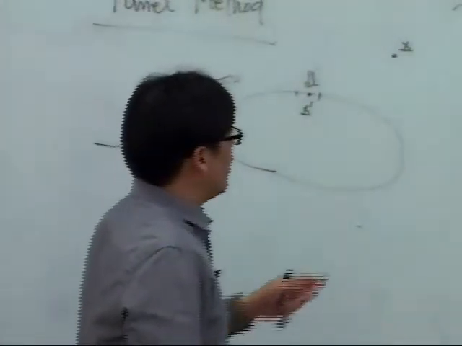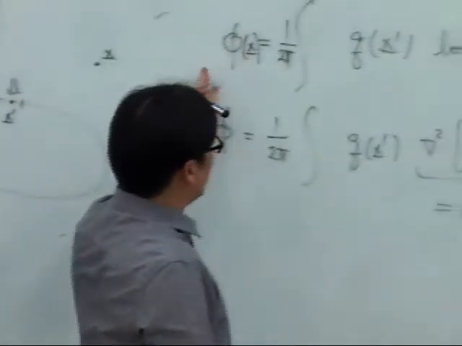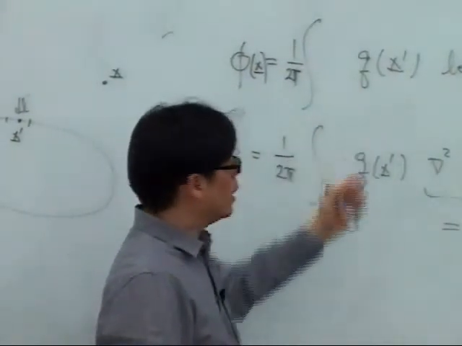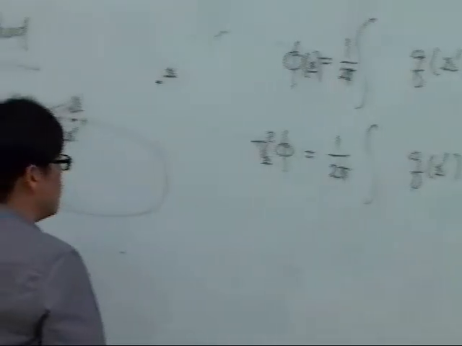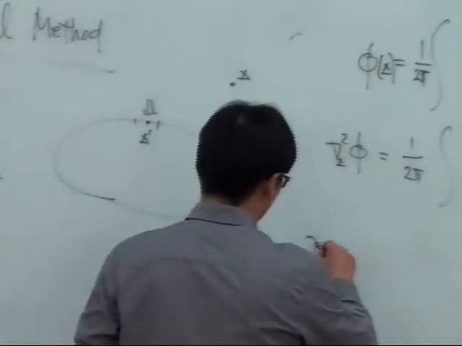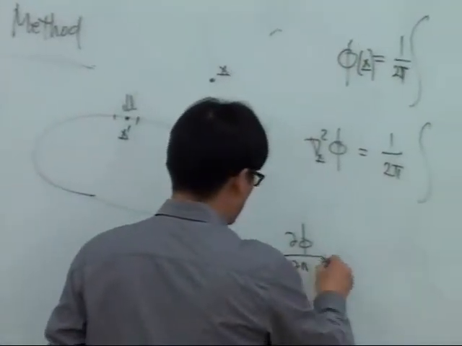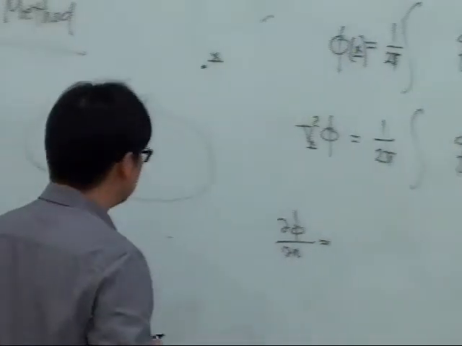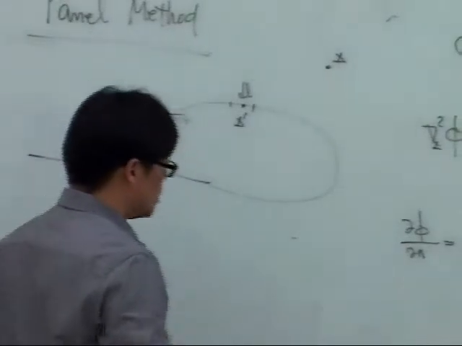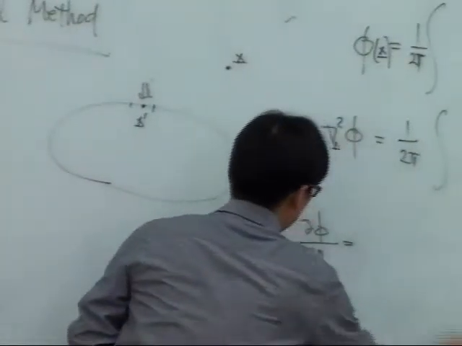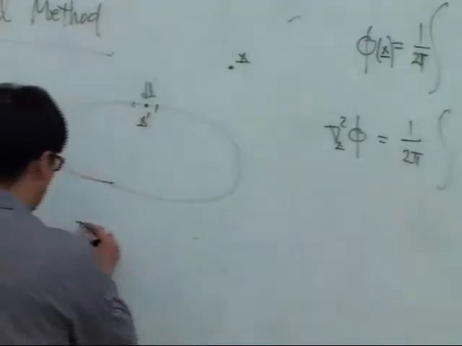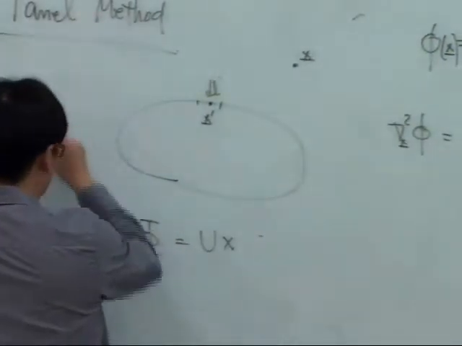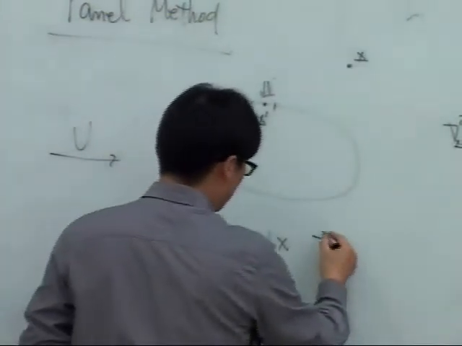And therefore now we have a representation here, and this time I want to know what the Q is. To do that, I have to impose the body boundary condition. In this case, I can write the velocity potential for this problem as Ux, for example, if I have a uniform stream, and then I have a phi.